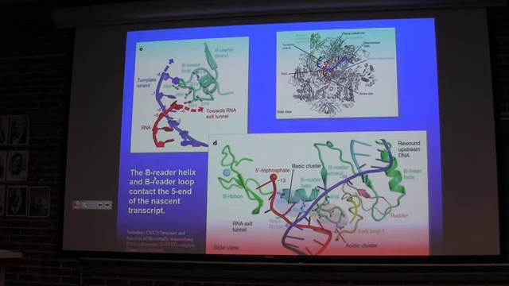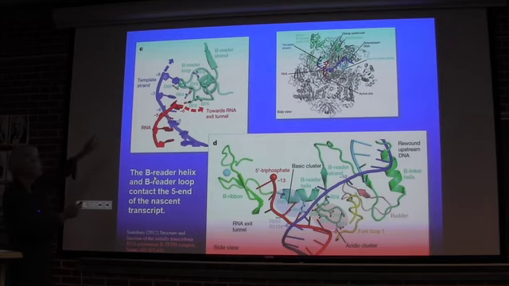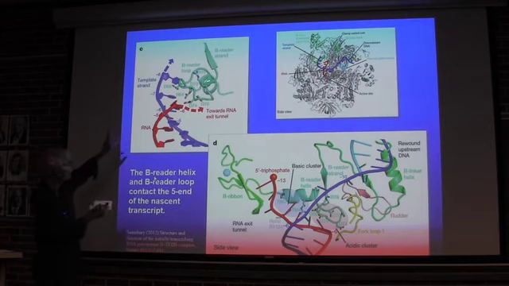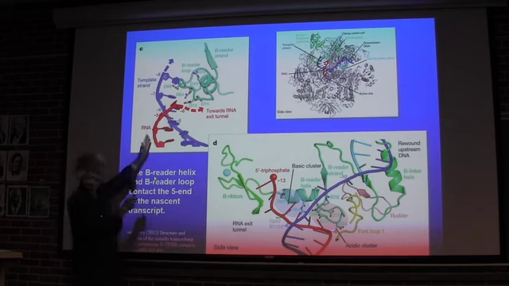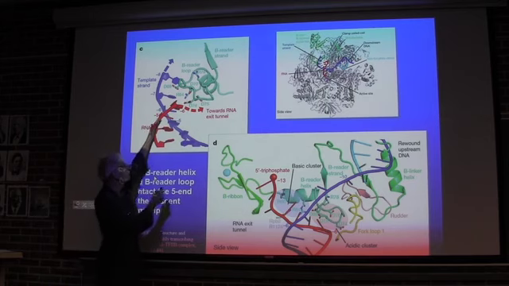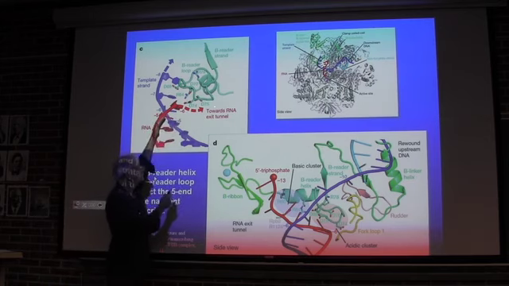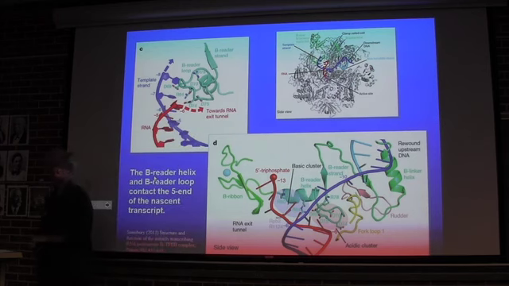Here's some more. Apparently, I just love this. This is the B reader right there. That's the loop coming off the end of it. And you notice that B reader, it's interacting with the 5' end of the transcript, but it's also bending it towards the exit tunnel.